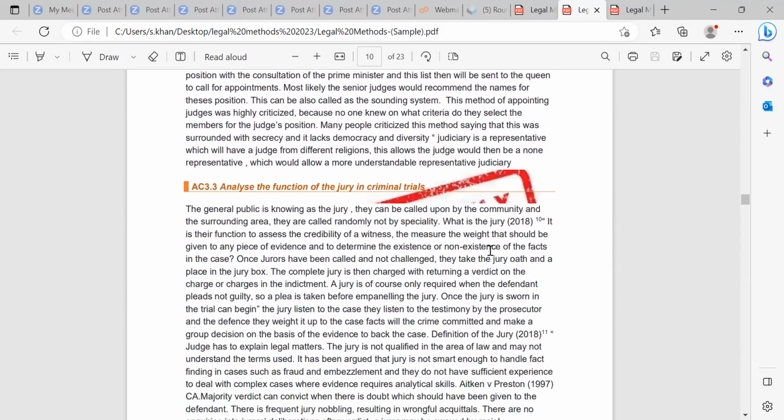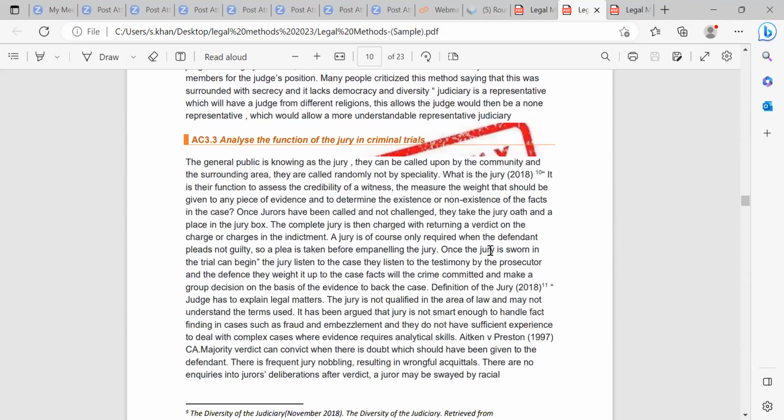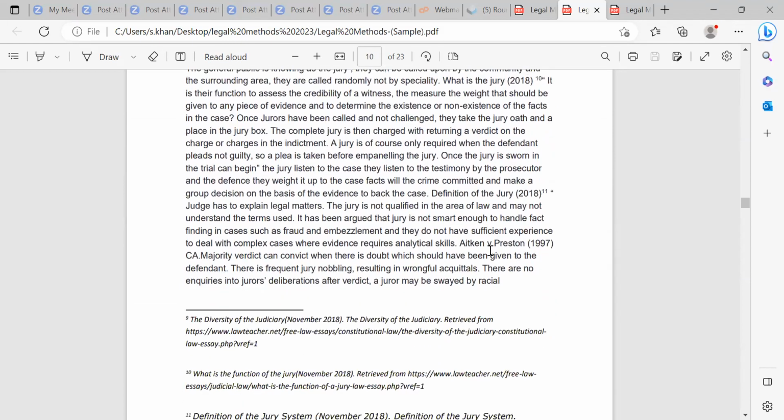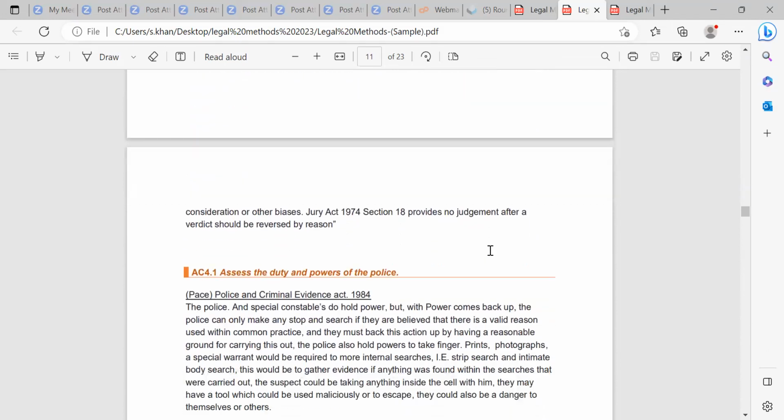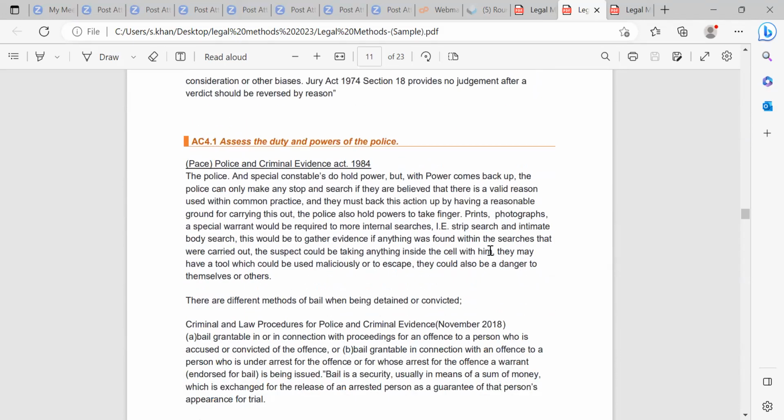Look at the function of the jury in criminal trials, and then identify the duties and powers of the police, the PACE codes. And check your grammar as well, because that's really important, your grammatical errors, the structure of your assignment, and your style of writing.